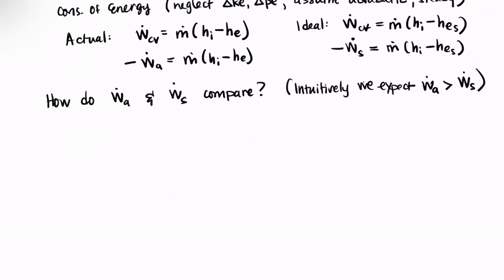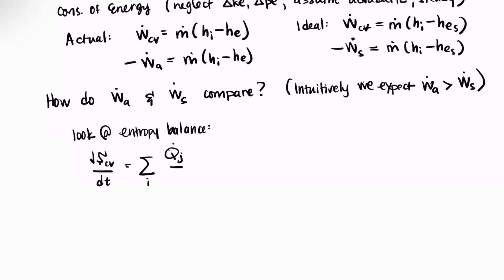If we look at our entropy balance, we have the following: the change in total entropy of our control volume over time is equal to the sum over each of the little boundaries at different temperatures of Q dot j over the temperature at the j location, plus m dot (si minus se), plus generation of entropy.